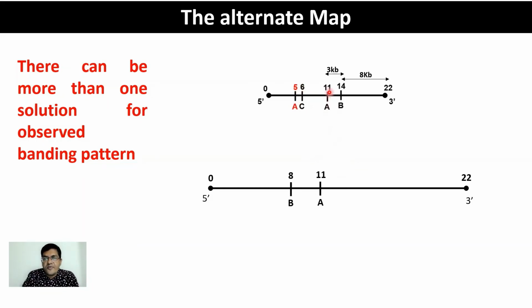So from this A cut site until the next cut site at C, the distance is 5 kilobases. So from A, 5 kb downstream, you can mark another site, and this would be the cut site for C. So we mark C at 16. Next, between C and A, there is a 1 kb gap. So you can put one restriction site at 17, and that should be your final map. So this is your final map.